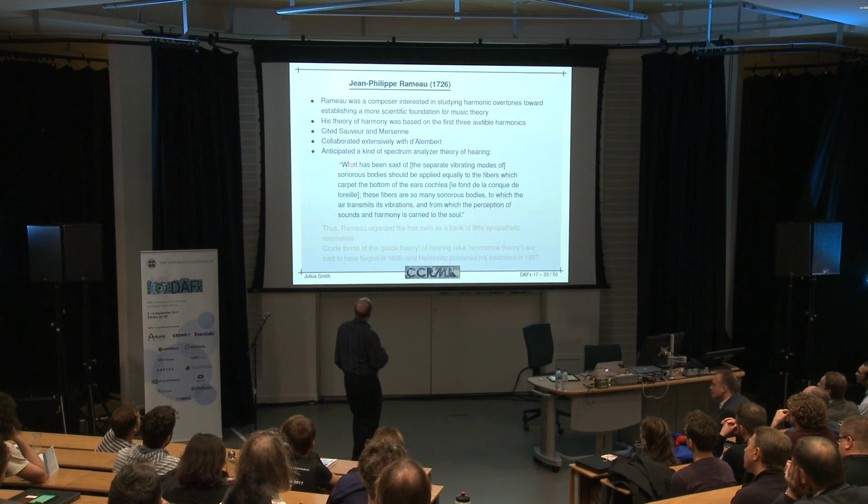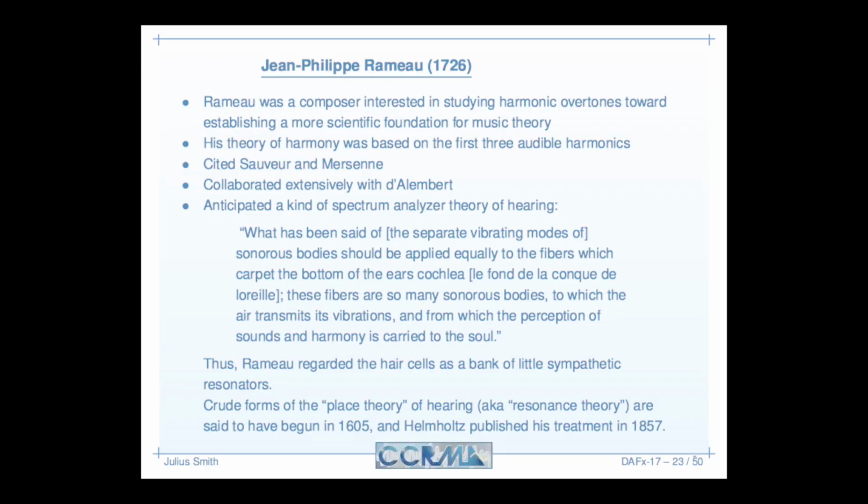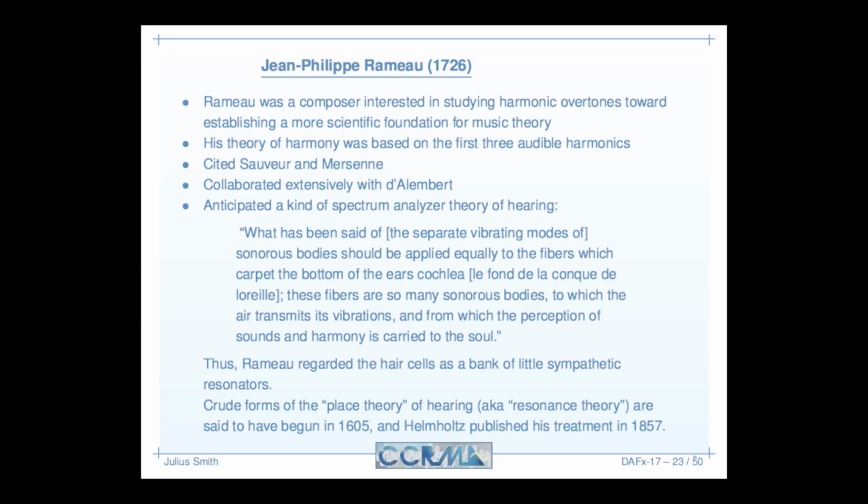So what has been said of a sonorous body? A sonorous body is a body that has multiple overtones coming out, not necessarily harmonic, but radiating pure tones coming out of a vibrating body. "What has been said of these separately vibrating modes of the sonorous bodies should be applied equally well to the fibers which carpet the bottom of the ear's cochlea."